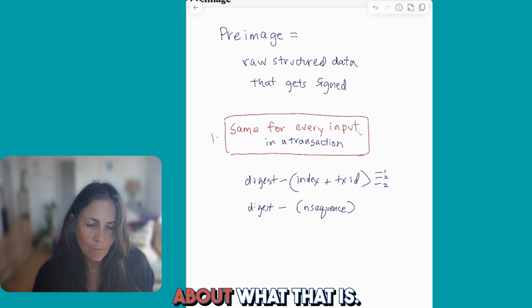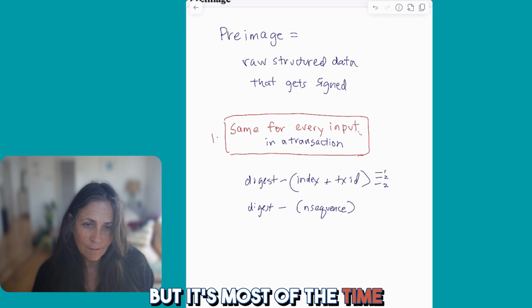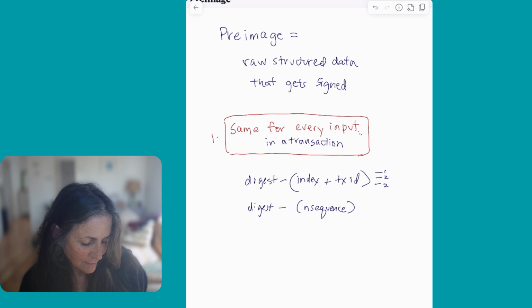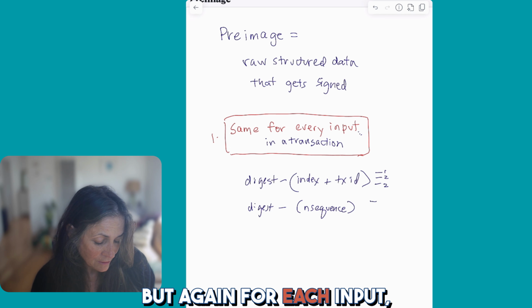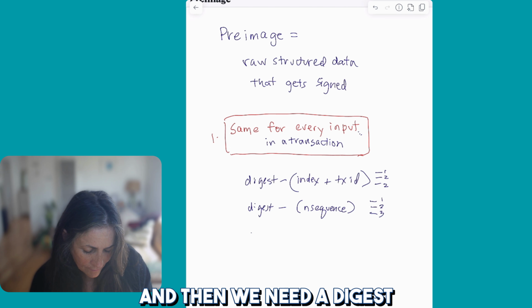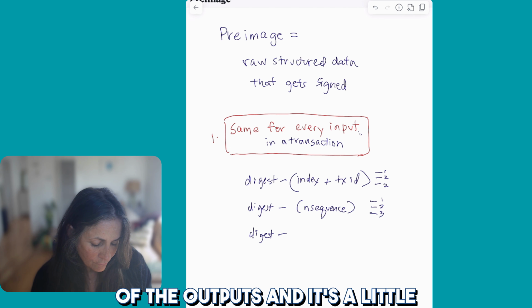We don't need to worry about what that is, but most of the time it's going to be the same for every single input.